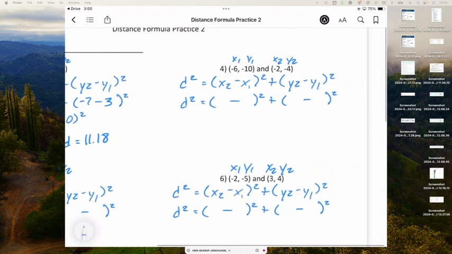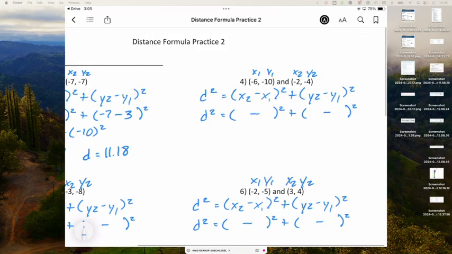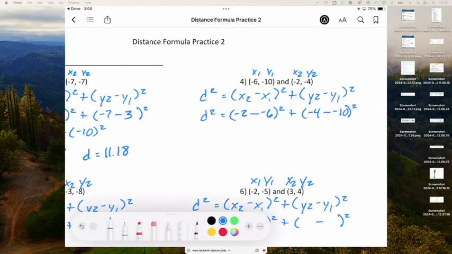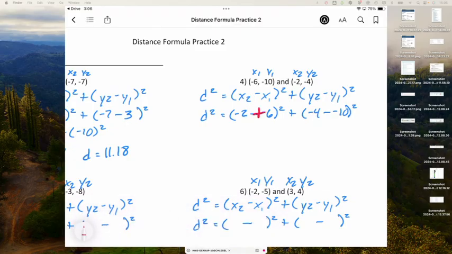Okay, moving on. x2 minus x1 is negative 2 minus negative 6. I'll have to fix that. y2 is negative 4 minus negative 10. I have to fix that also. So, turn those into a plus. And we've got d squared is equal to negative 2 plus 6 is 4.